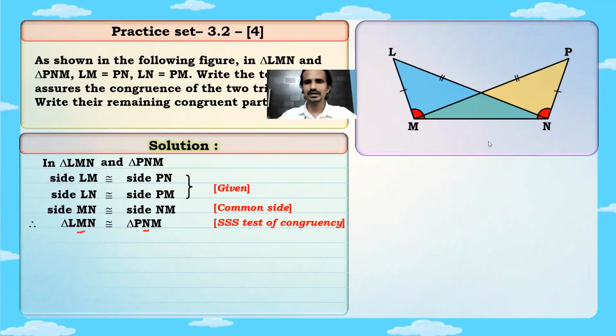M and N जो है, it is for the bigger triangle, first triangle it is LMN. For the second it is PNM. So write down the first pair. Write this pair. Angle LMN congruent to angle PNM. All right.